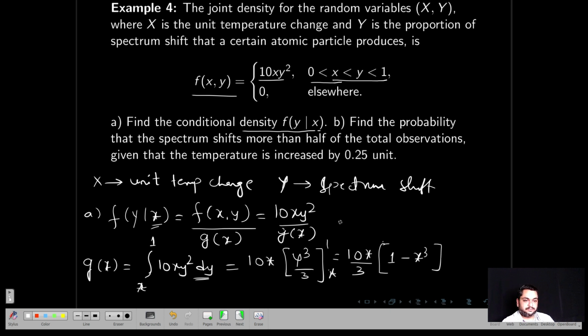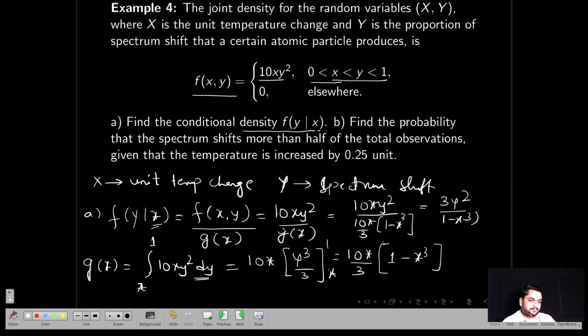So this is my g of x. Substitute here: 10xy square divided by 10x by 3 times 1 minus x cube. We will get 3y square divided by 1 minus x cube.